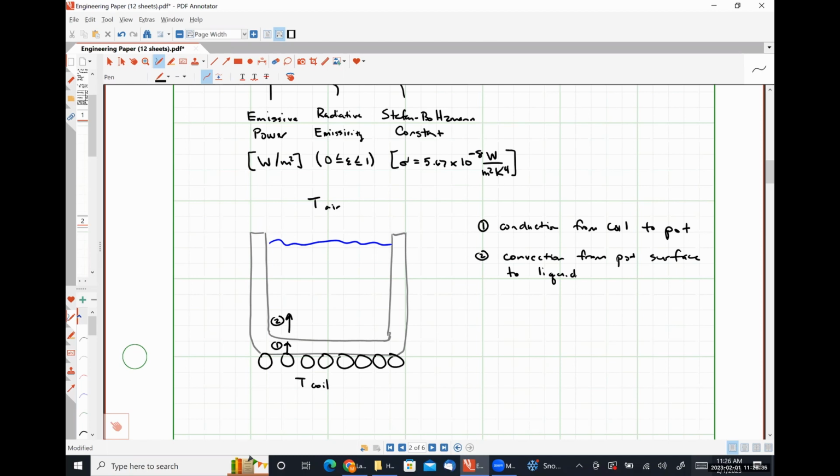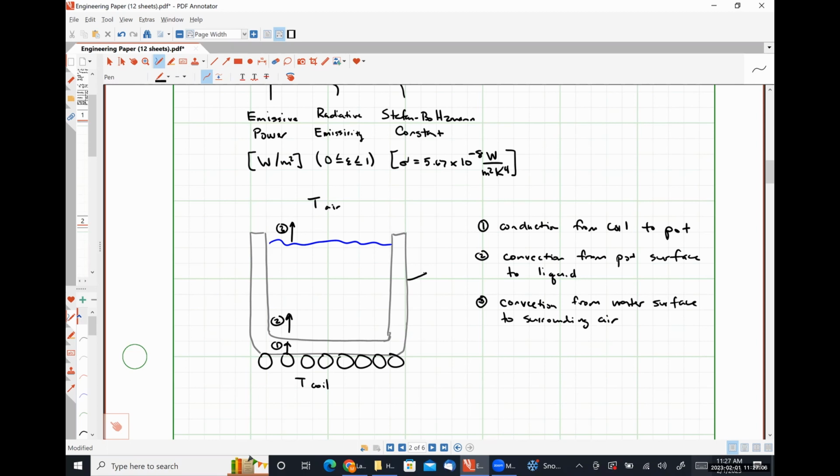Is forced air convection on this? Yep. Speaking of air convection, that's what we see at 3. We have convection from the water surface to the surrounding air.